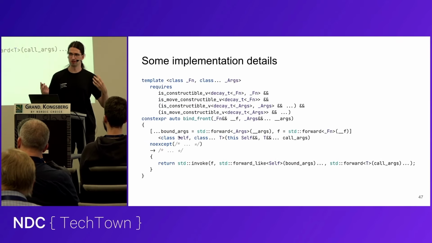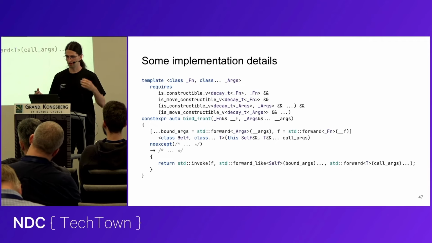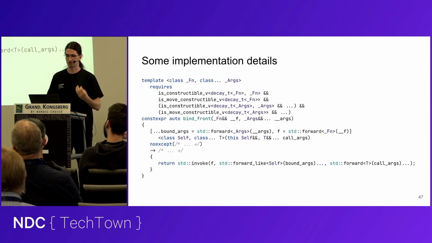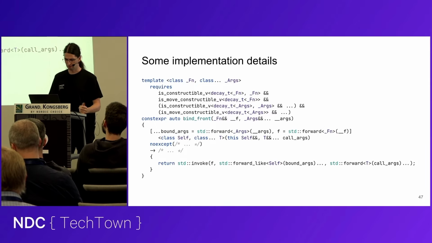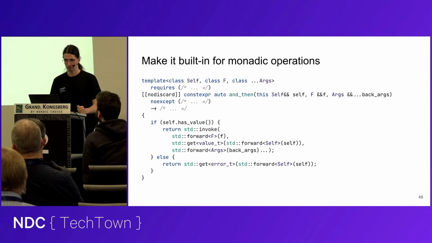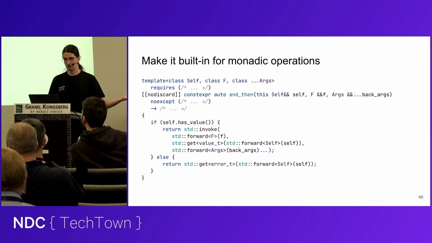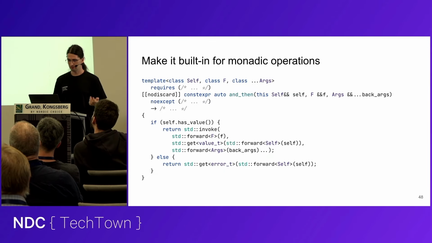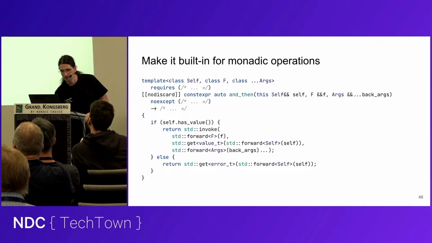So if you use it within monadic operations, you kind of copy your arguments or move your arguments. So there is one extra step which you probably don't really need. And if we make it built-in for monadics, we just implement it this way. Now you can read it, and it's super easy.